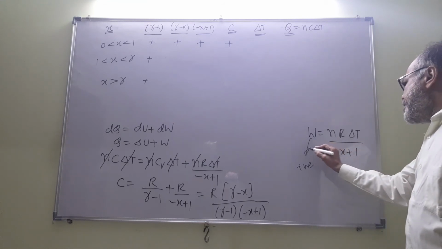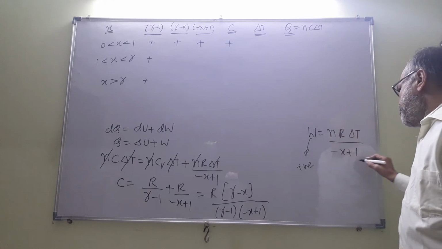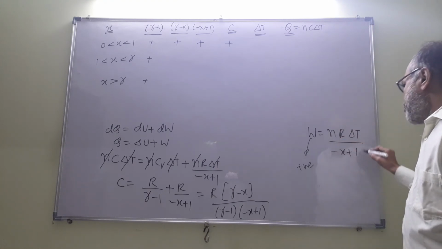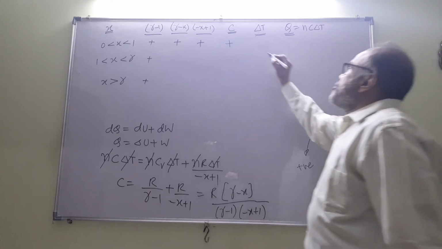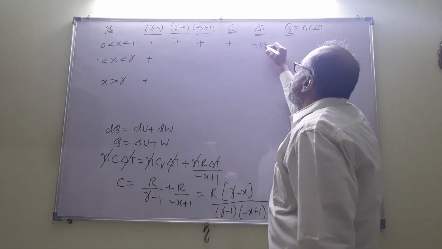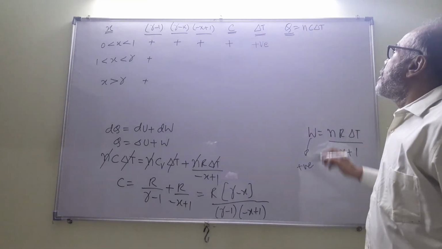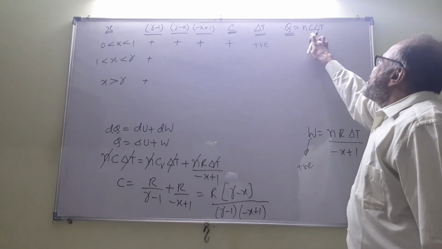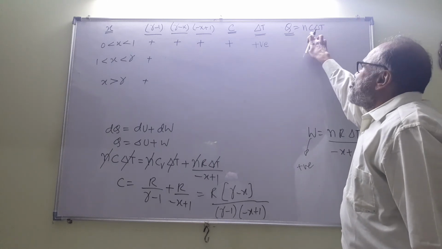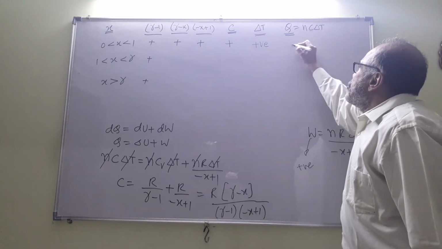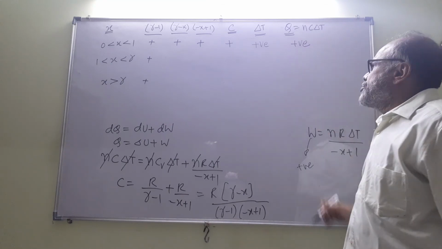Since the left hand side is positive, the right hand side also has to be positive. Since the denominator is positive, the numerator also must be positive. So delta T would be positive. If you take nC delta T, C is positive and delta T is positive, so Q is also positive.